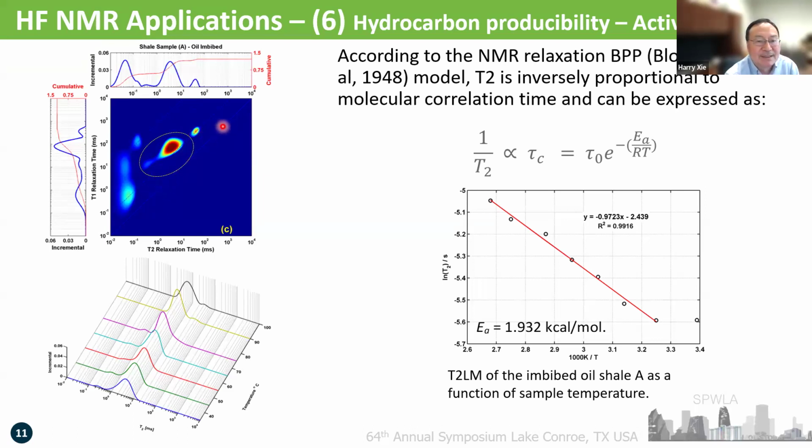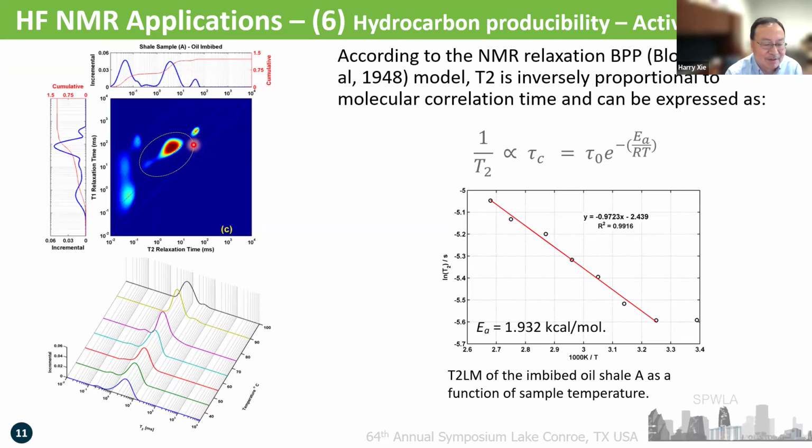That's one. Secondly, with a higher frequency, a higher magnetic field strength, you tend to have a so-called stronger internal gradient, a magnetic internal gradient across the sample, because you have a lot of so-called impurity in the sample. Those impurities may be paramagnetic or even ferromagnetic.